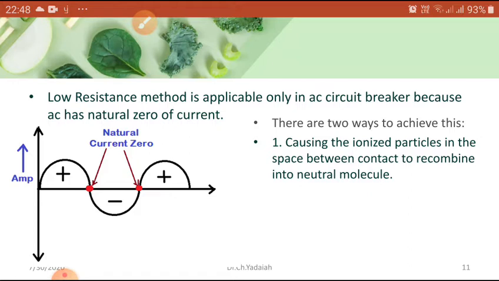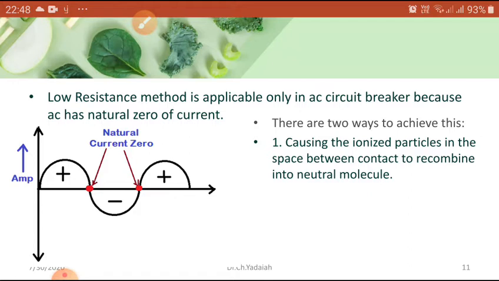At that condition, the voltage increases enormously and the current is reduced. Previously, when the power factor is lagging 0.1, the current is more and more. That is the short circuit current.